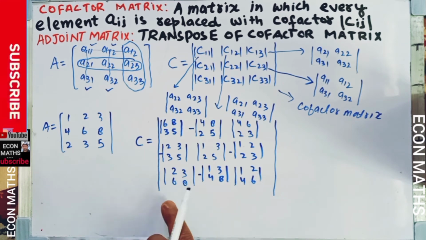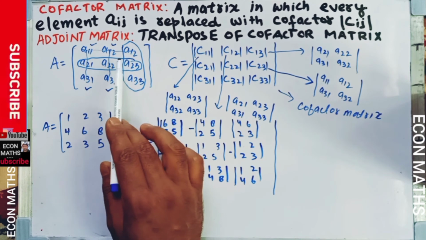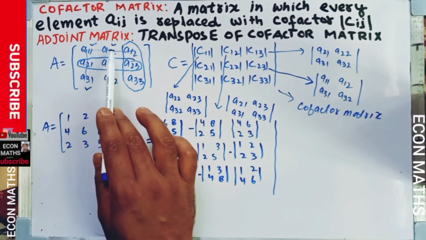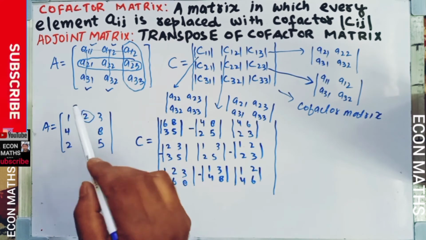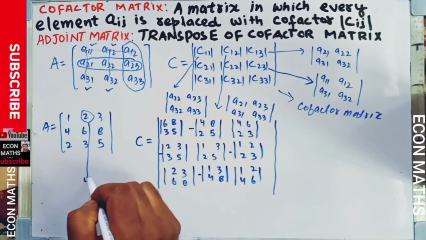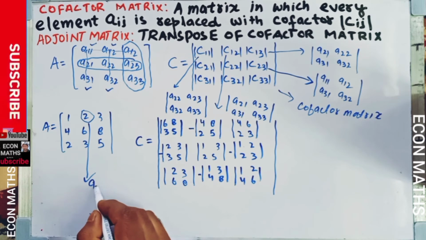Why? Because we see here, if A12 is the element, this 2, it is at the position A12.